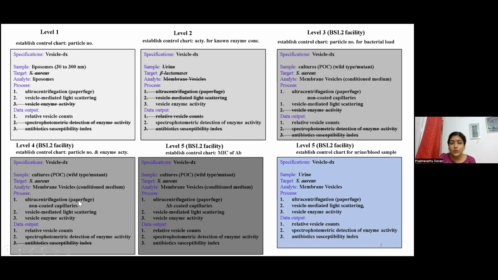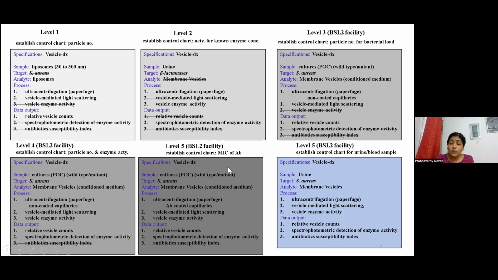So this again would help us understand whether all these can be integrated together, or whether we find any challenges when integrating different processes in the same setup. It will also help us bring the control chart, relating a particular culture density with a particular particle number, and relating it with the appropriate enzyme activity.